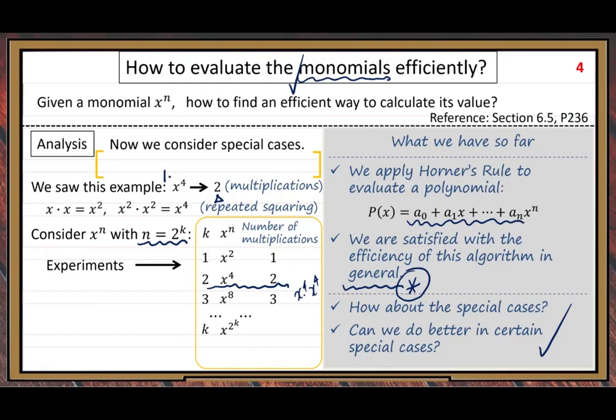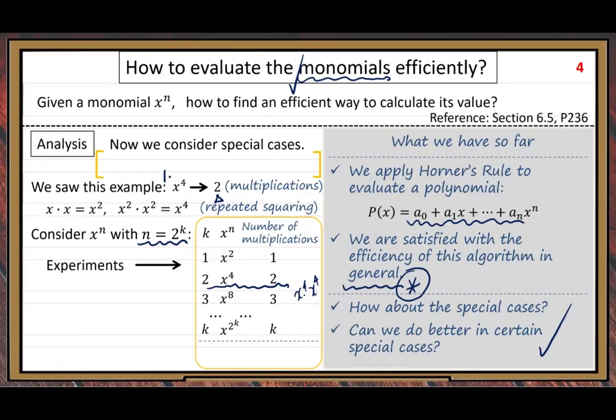You do the squaring operation k times. So you need k multiplications. So that is the result of this repeated squaring. How well we can do by this technique.